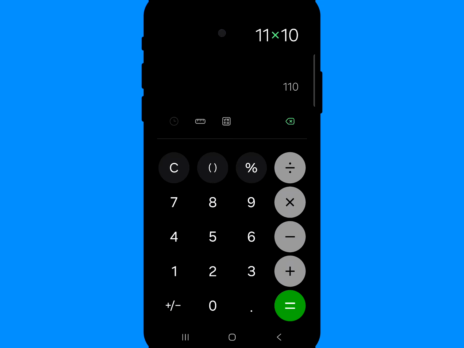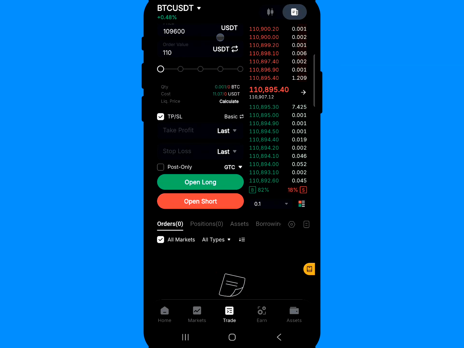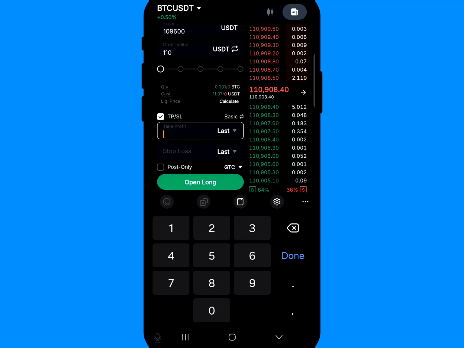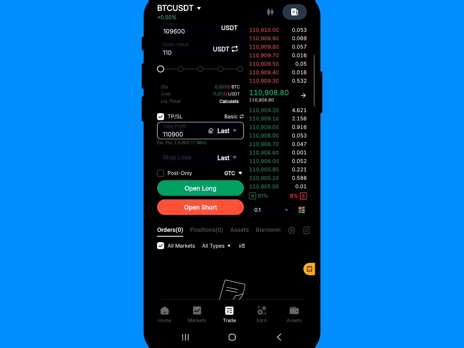Let me just go and place it right now. I've already set everything. I want to enter the market around 109,600. Then I will put my take profit at 110,600. I will make around $1 point something, 11 point something percent.